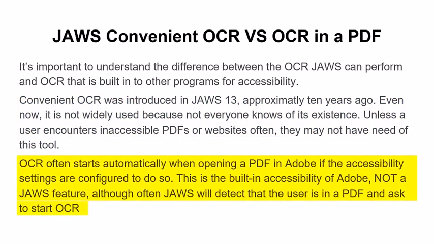OCR, as stated previously, will often start automatically when opening a PDF in Adobe if the accessibility settings are configured to do so. This is the built-in accessibility of Adobe, not a JAWS feature, although often JAWS will detect that the user is in a PDF and ask to start OCR. So there are accessibility features built into Adobe that can work with NVDA because it detects a screen reader being used.